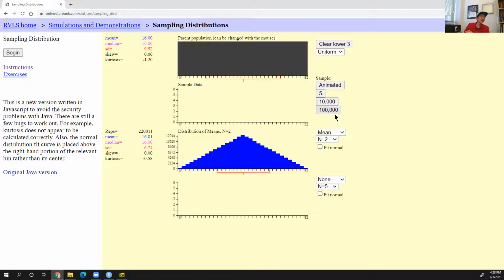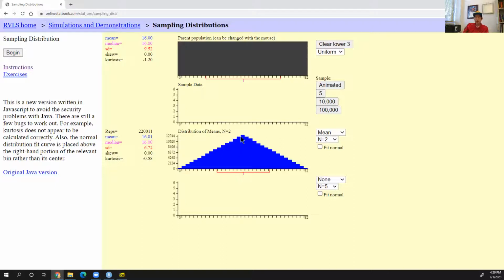also not too surprising, because if we say, how many ways are there to get an average of 16? If your values go from 0 to 32, there's going to be 32 ways. You can do 0 plus 32, 1 and 31, 2 and 30, 3 and 29, and so on and so forth. And if you take those, there's going to be, I think, 32 or 33 ways to get an average of 16.